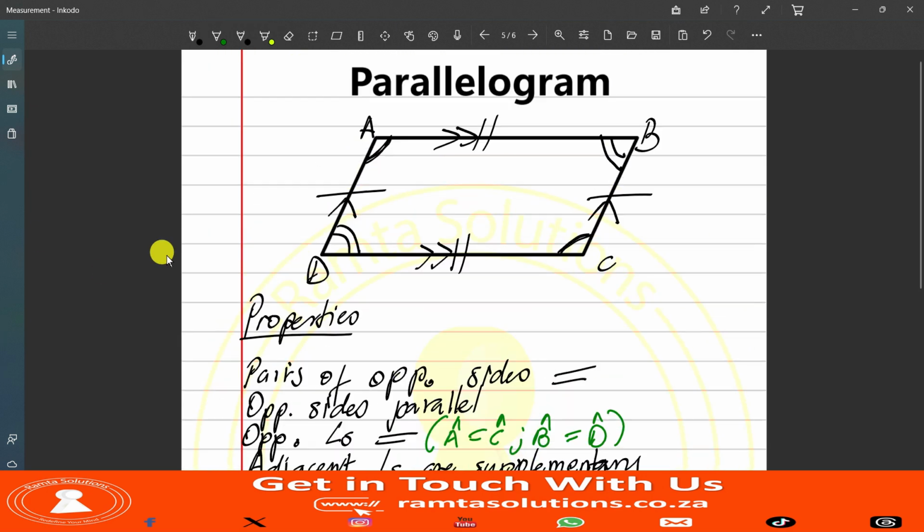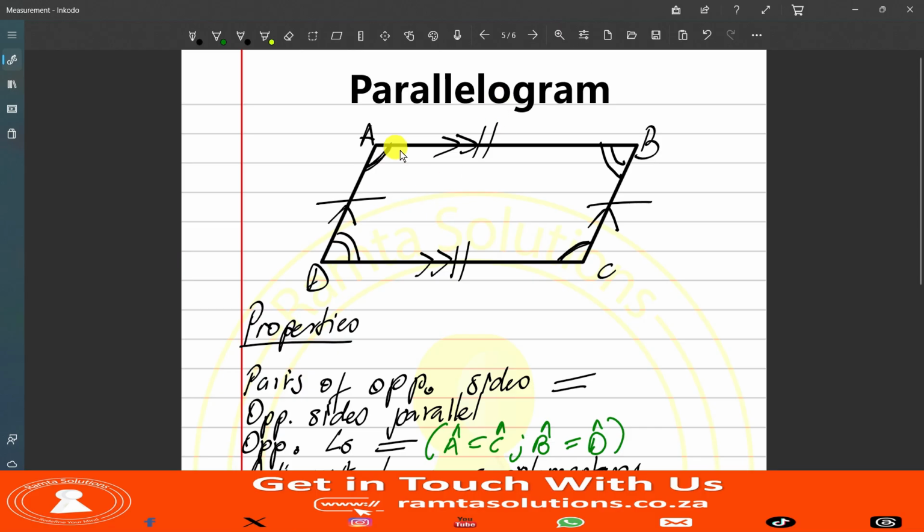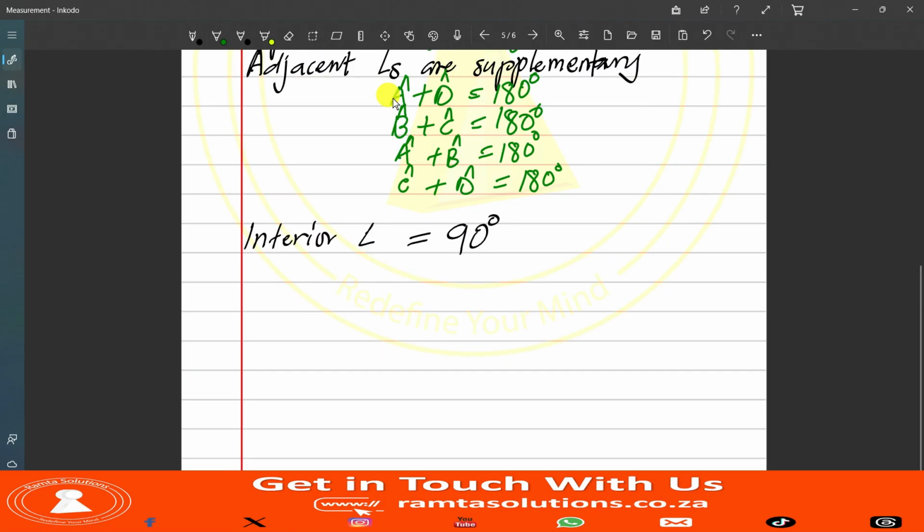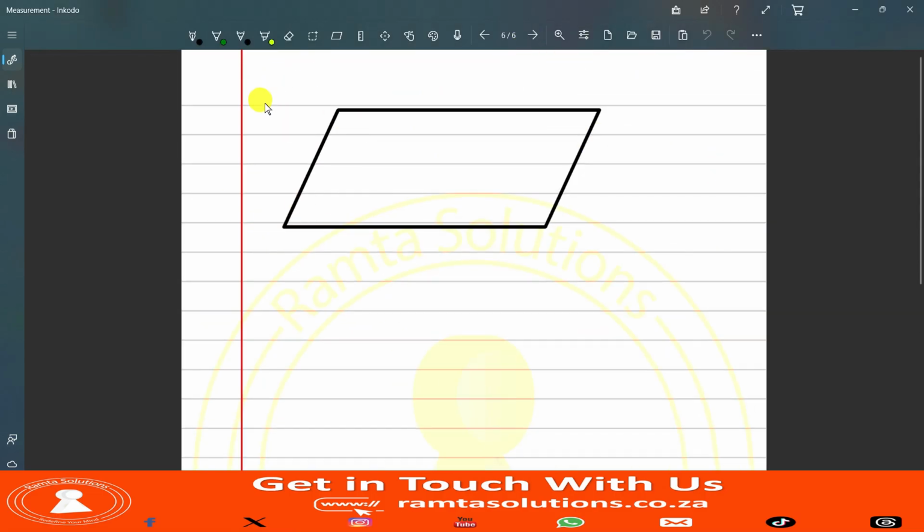This is what makes it different to a rectangle. I'm not going to talk about the diagonals and stuff. That's not important for me right now. Now, these are all we know about a parallelogram. Now, let's come to the derivation.